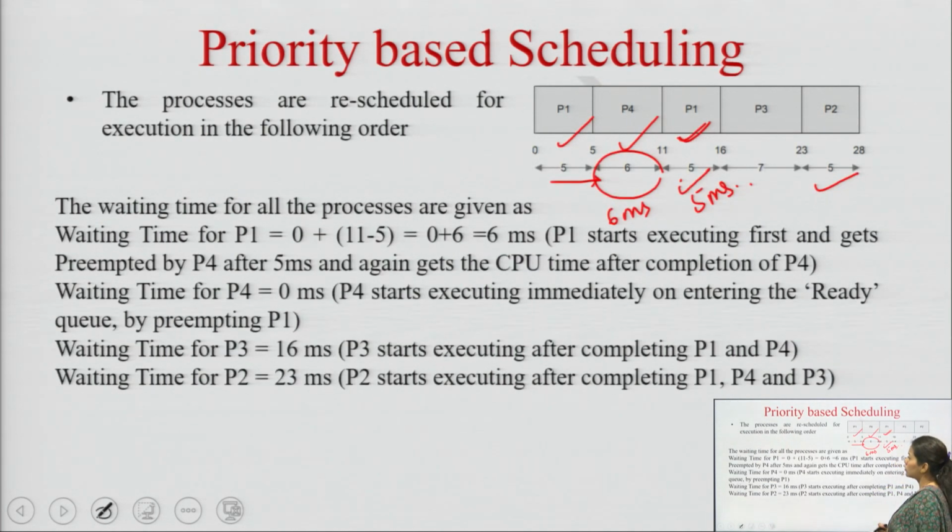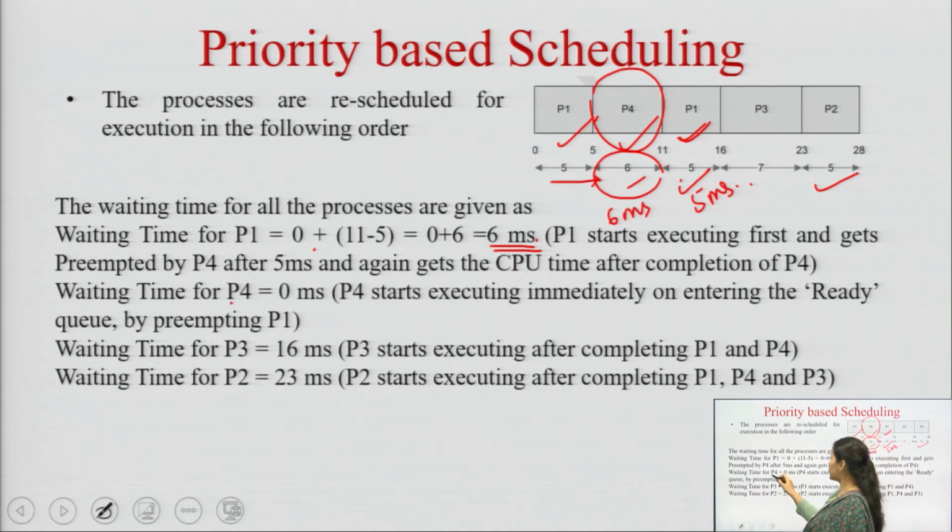Now we will calculate the waiting period of all the tasks. The waiting period of P1 is 6 milliseconds because as soon as P4 enters the queue, P4 is given the chance because it has higher priority than P1, and until it got completely executed, that is for 6 milliseconds, P1 had to wait. So, P1 has a waiting time of 6 milliseconds.